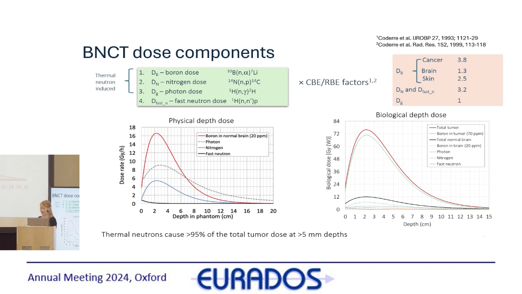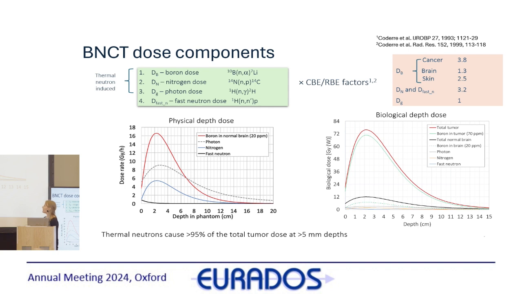But in the clinical case, we need to multiply all of these dose components with the RBE factors, and we call the boron RBE factor the CBE factor because it depends on the boron compound that is used. Nowadays, only BPA is used, so it's quite easy. Here are the RBE factors we use to get these dose distributions in the tumor and tissue.